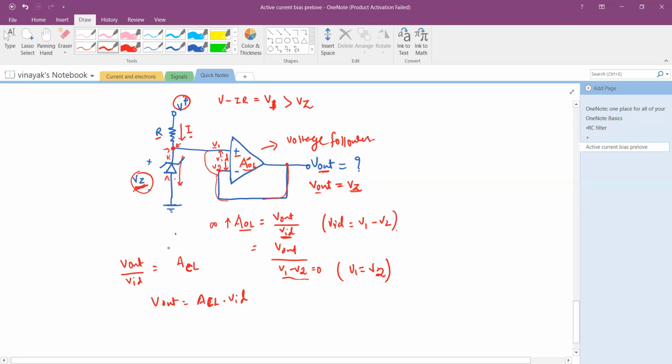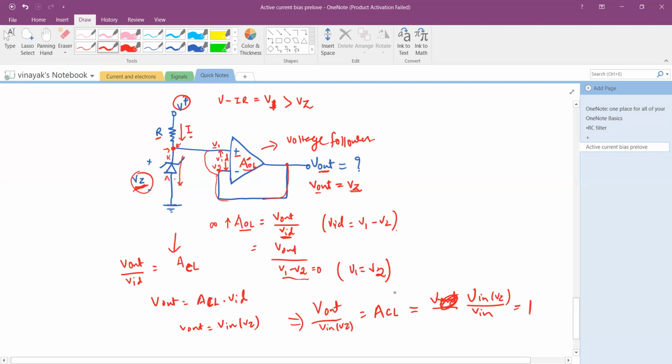Now coming back to this equation, for the gain of the circuit, we say that V out is equal to V input, or VZ actually, right? So the ratio of output divided by input, which is VZ, is equal to your closed loop gain, which is V out over V in, and V out is nothing but V in, which is VZ, so the ratio is equal to 1.